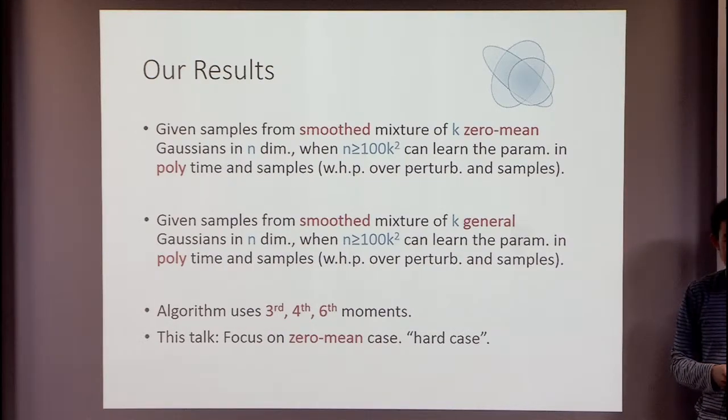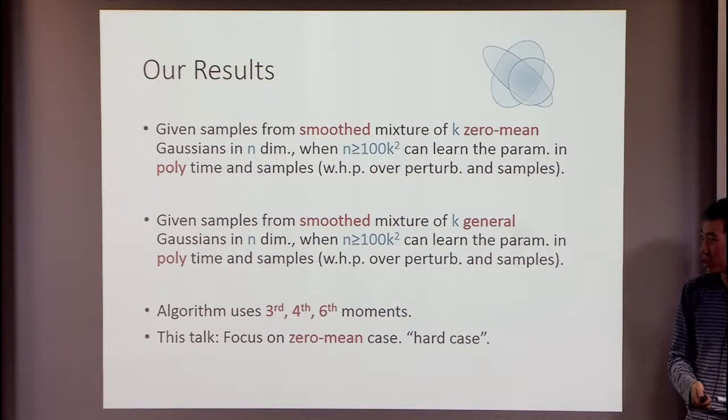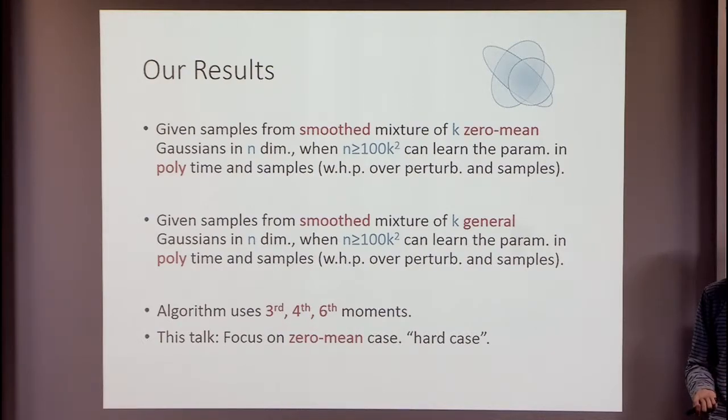There are algorithms that work for learning mixtures of Gaussians when the means are separated. But in this case, of course, they are all the same. And also, since we are using method of moments, if the Gaussians all have zero mean, then the third order moment is just all zeros. In general, all the odd moments are zero, so we don't get any information from those.